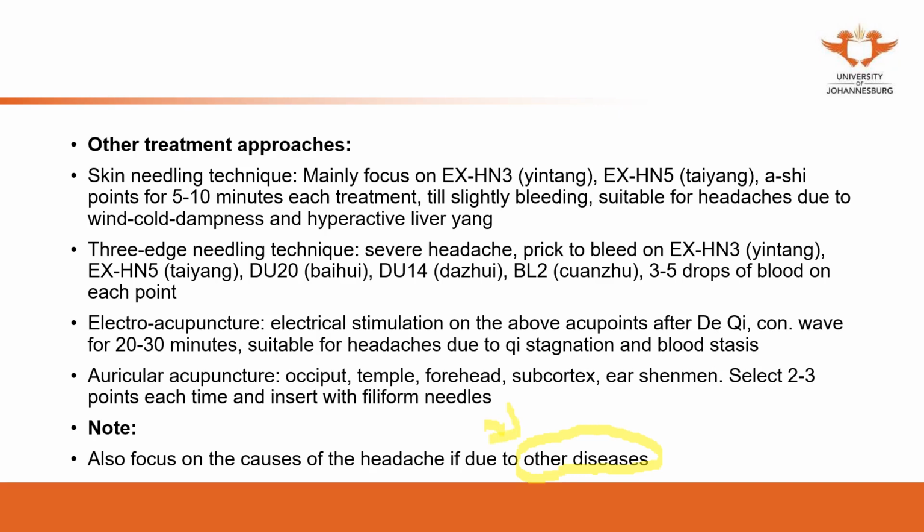We will never be able to heal the headache with acupuncture if this headache is due to tumor. So we need to suggest the patient to seek further treatments or further advice from other practitioners or other specialists.